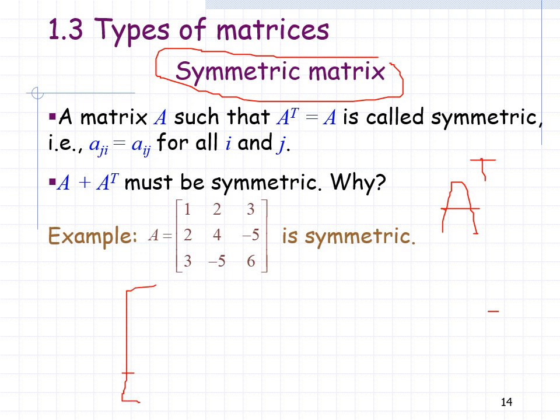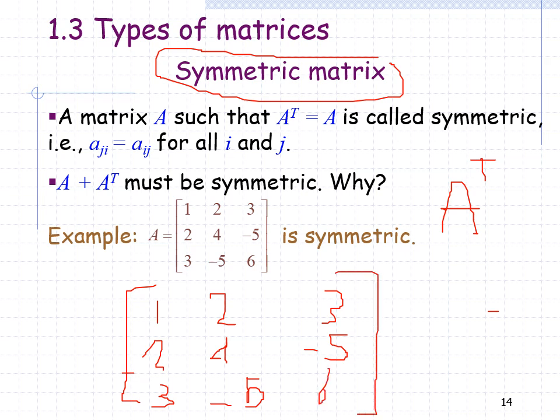As we said, the first row will be the first column, 1, 2, 3. The second row, 2, 4, negative 5. The third row, 3, negative 5, 6.